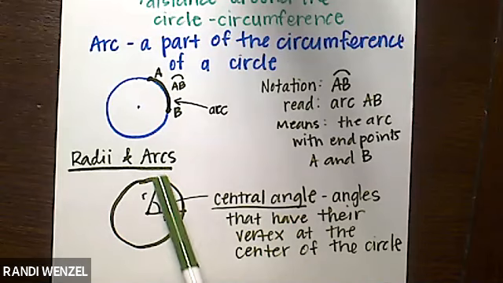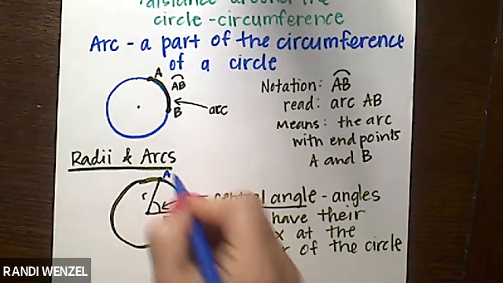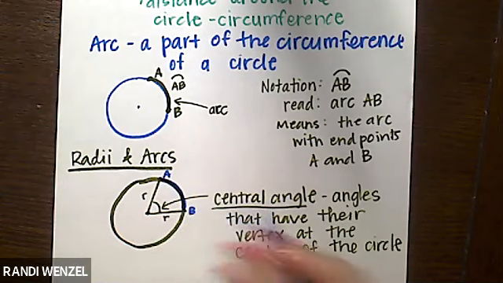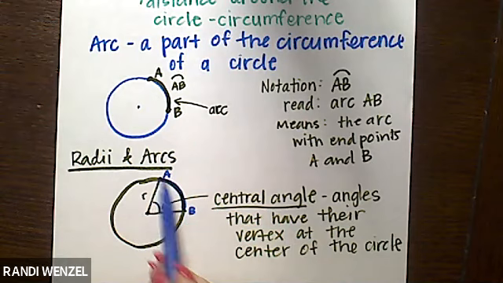When you have these two radii and the central angle, there's also an arc that is formed. If you notice, this little piece is formed by connecting the two endpoints of your radii.